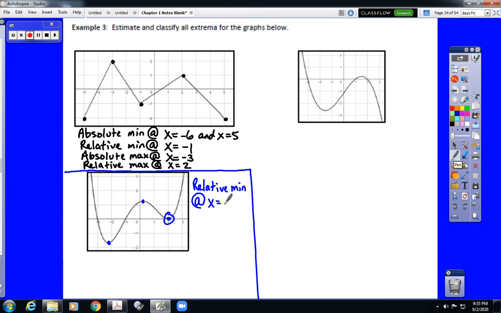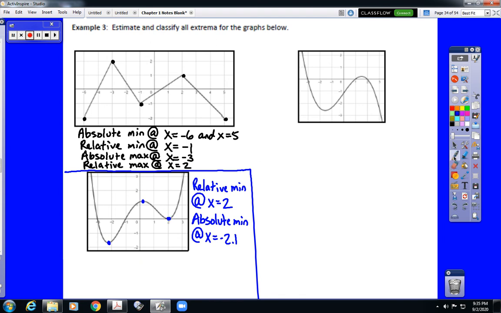It is the lowest point in that section of the graph, but it is not the lowest point of the graph. That's the one I started to describe, which is an absolute minimum at the point x equals negative 2.1. Down here, roughly, 2.1 is the lowest point in the entire graph. We also have a relative maximum.